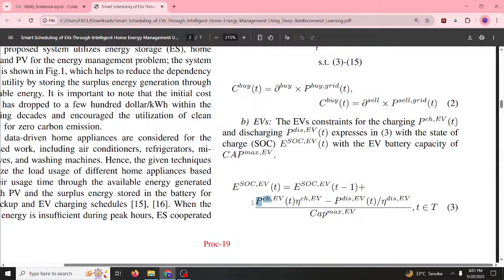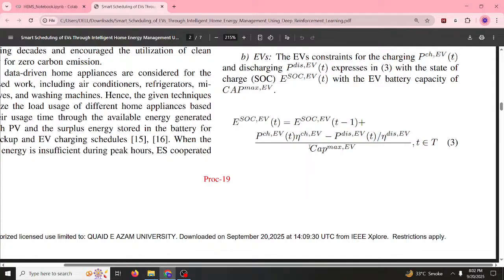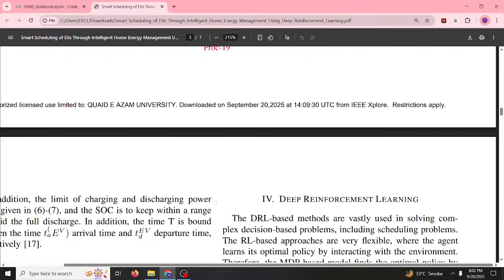If we are discharging, then this is the discharging energy, and the equation is simple: when we are charging we multiply with the efficiency factor, and when we are discharging we divide by the efficiency factor. This is the standard formulation of battery charging. We are not using any complex aging factors or other things here. The overall capacity of the EV will be used to keep the SOC between 0 and 1.